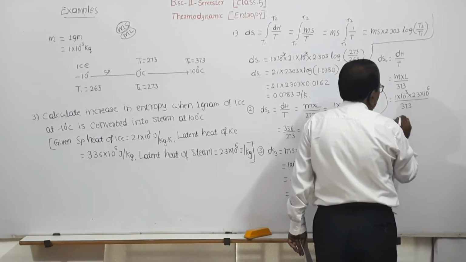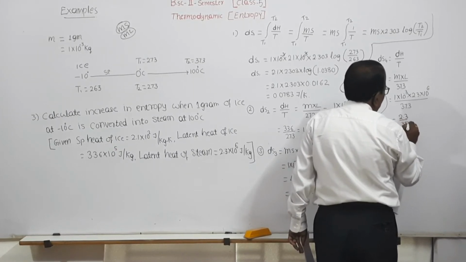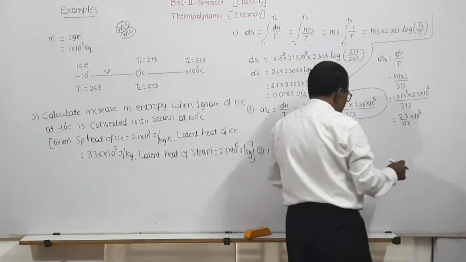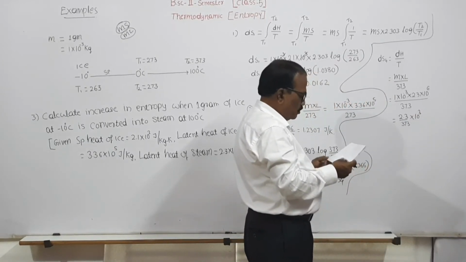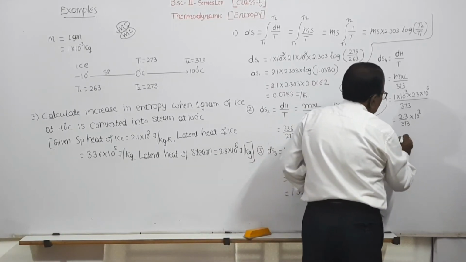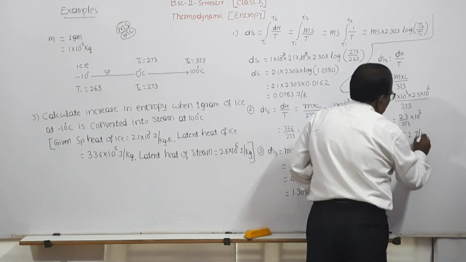So this is 2.3 upon 373 into 10 raised to 3. If you simplify this, you are going to get this as 6.2 joules per Kelvin.